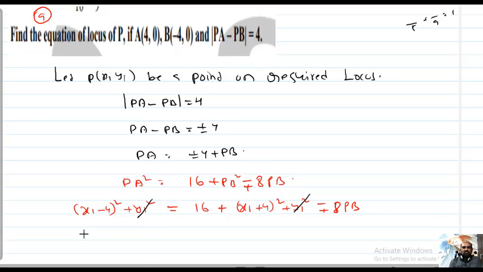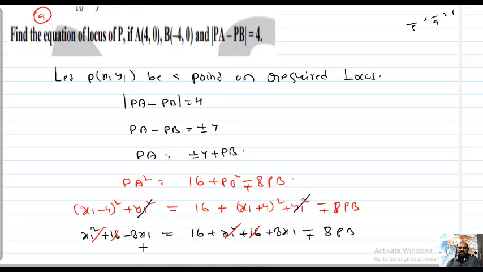Now x1 square plus 16 minus 8x1 equal to 16 plus x1 square plus 16 plus 8x1 minus or plus 8PB. So here are some cancellations: x1 square, 16, x1 square, 16. Transfer these two terms to the left hand side.